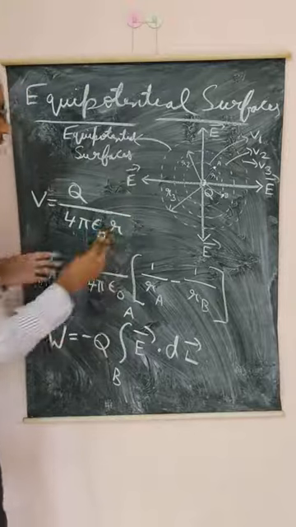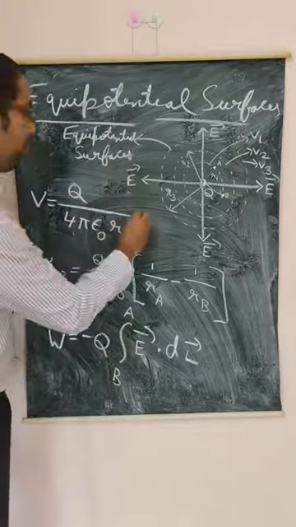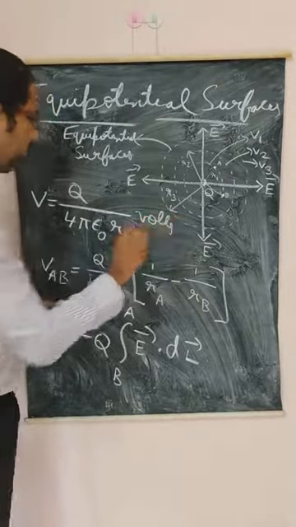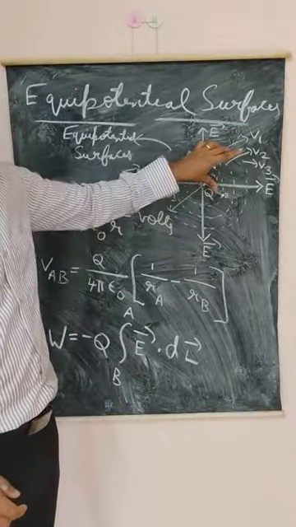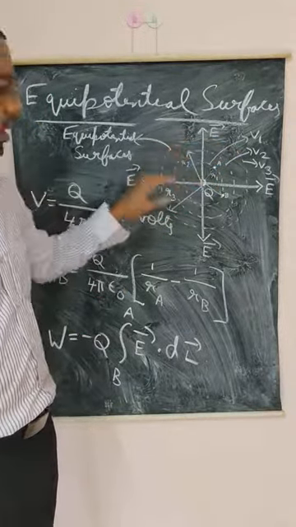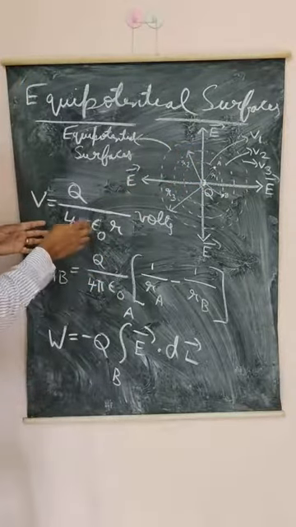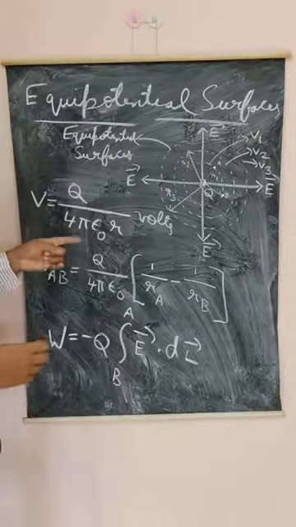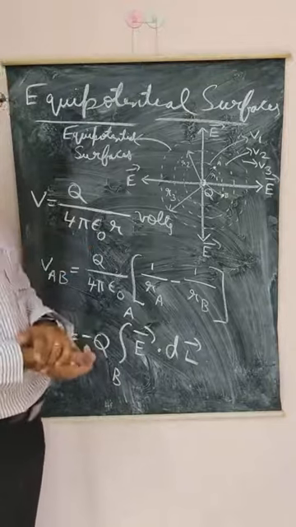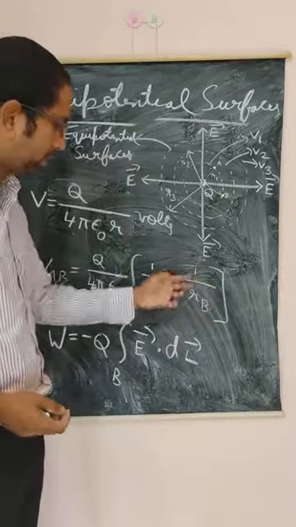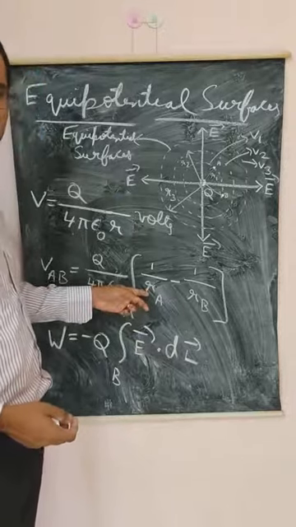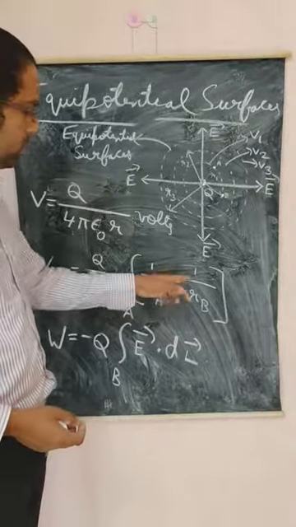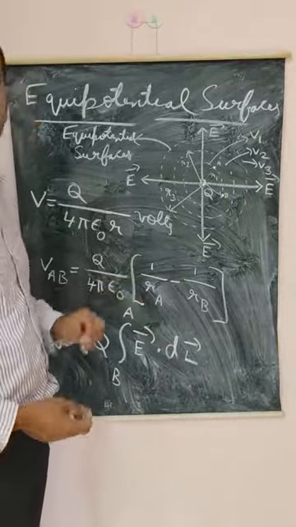In the general case I can take the formula as R volts, because from the origin till here you have taken. Hence, this formula reduces to V equal to Q by 4 pi epsilon naught R volts. This term becomes 0, and you get R volts.